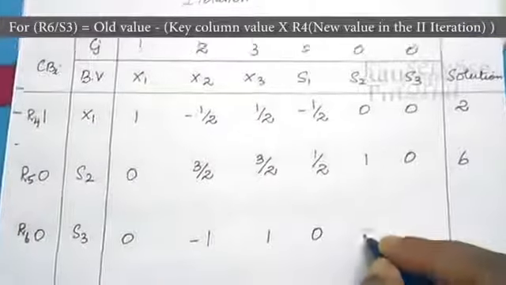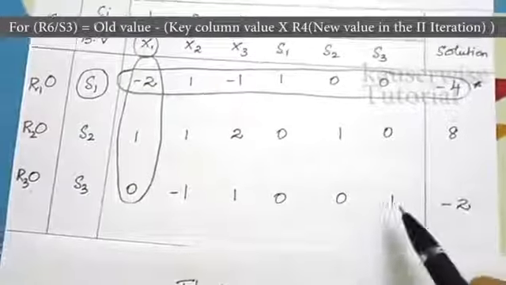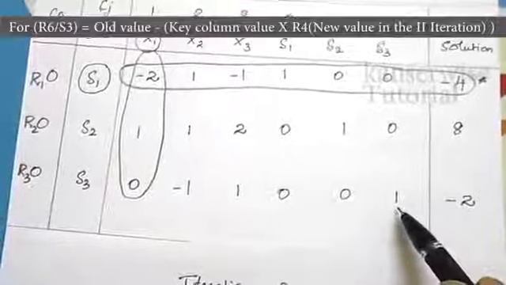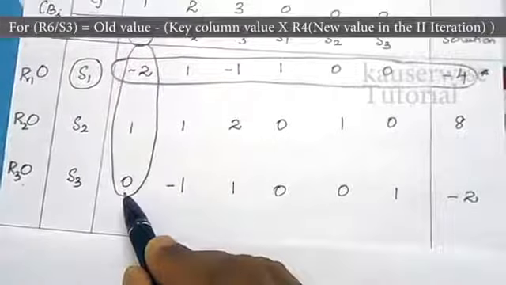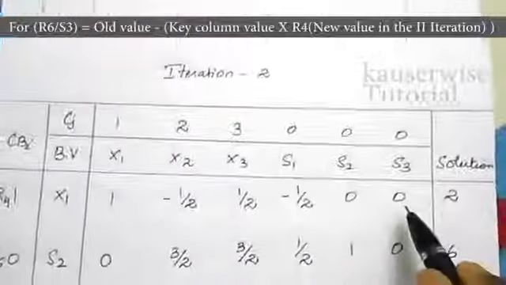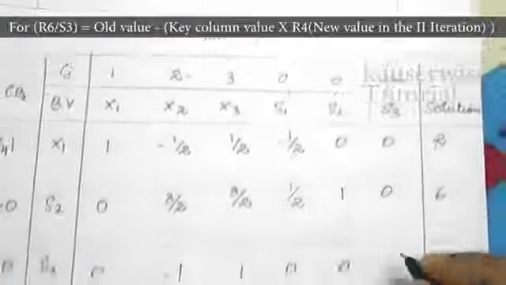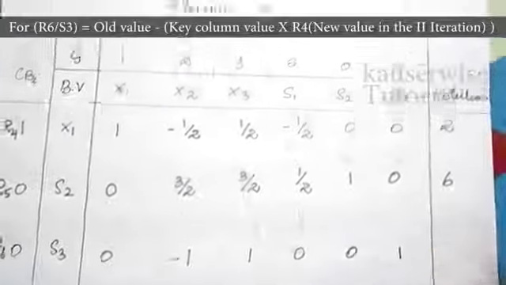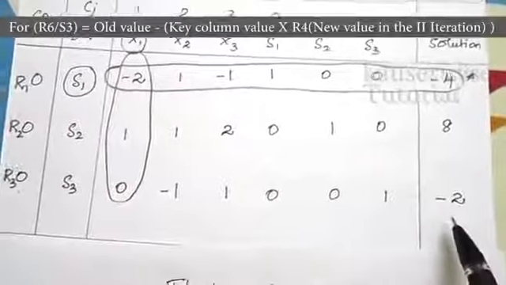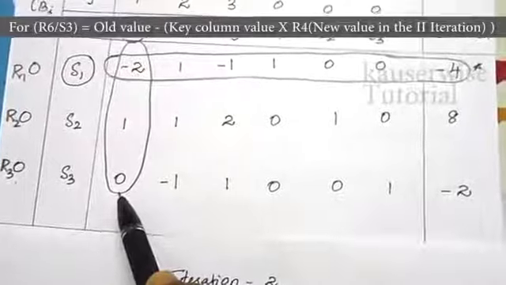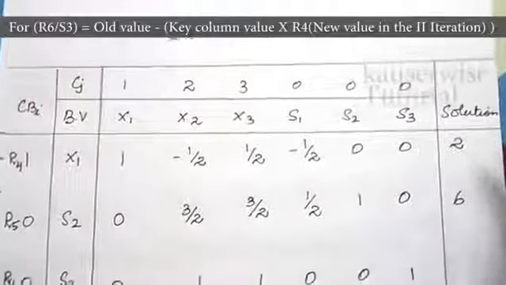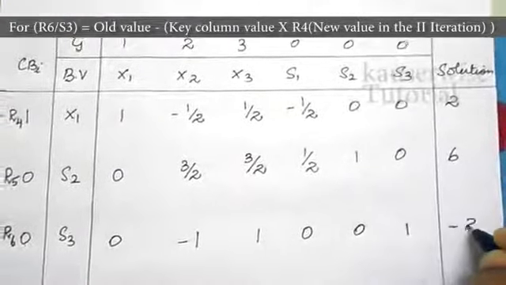The answer is 0. The next one is the old value is 1 minus corresponding key column value is 0 into new value is 0. The answer is plus 1. For solution, the old value is minus 2 minus corresponding column value is 0 into new value is 2. The answer is minus 2.